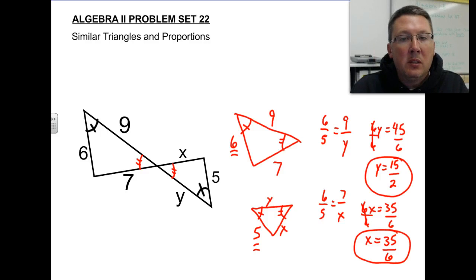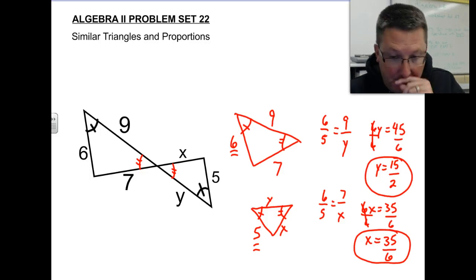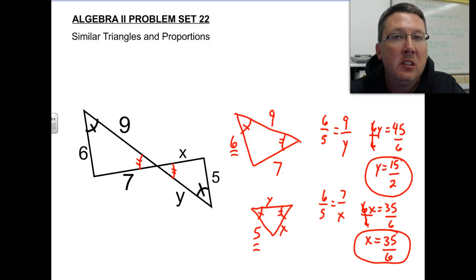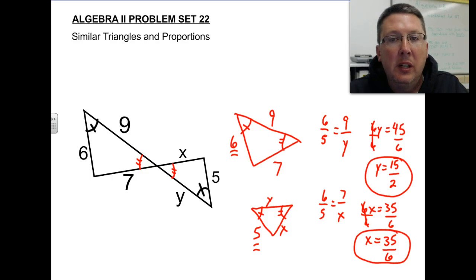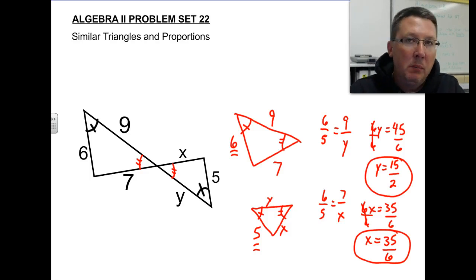Again, pull the two triangles apart, spin them around, position them the best you can the same, and then set up your proportions. Okay, now what I want you to do here, you should see on your page that I have a couple of extra problems. What I want you to do now is to pause this video, work out those examples, and once you have them finished, hit play, and you will see on the screen that I have worked out the same problems, and you can check your answers to make sure you get the same thing that I did.